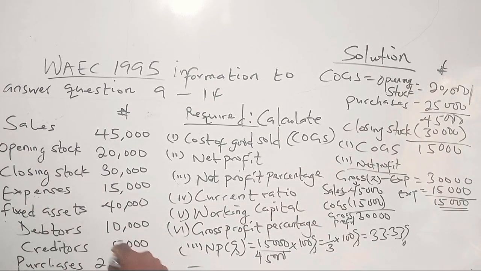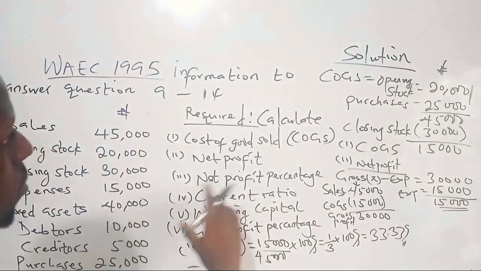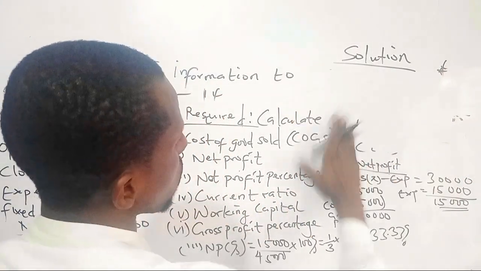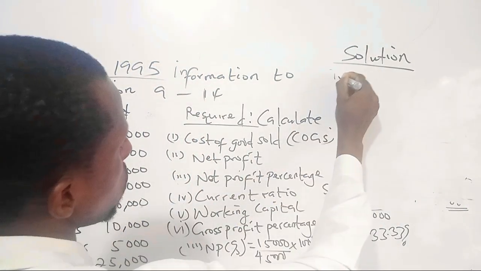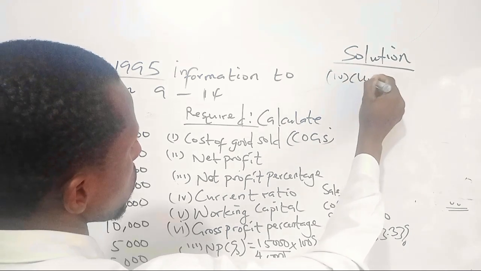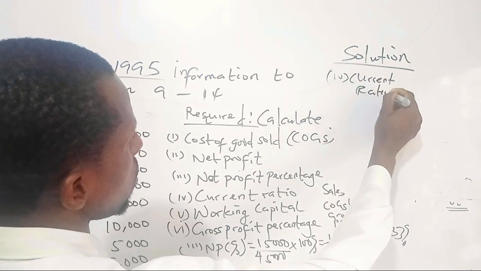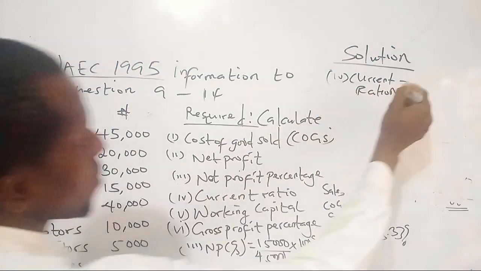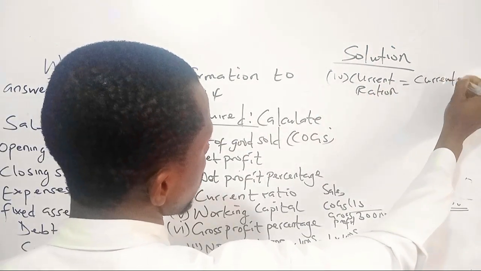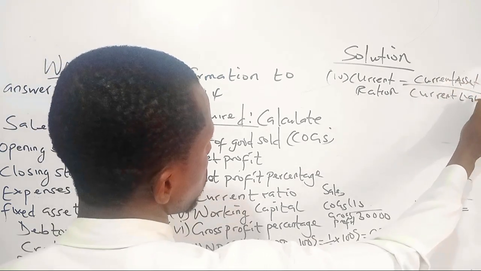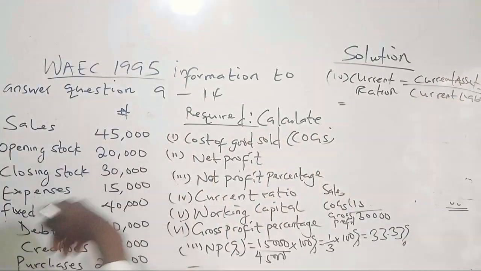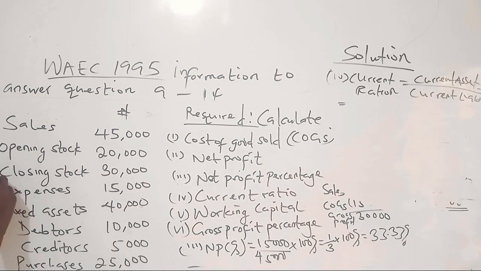The next one is to determine our current ratio, which is number 4. Current ratio is our current assets divided by current liabilities. In the question, our current assets are closing stock and debtors, so these are the two values.